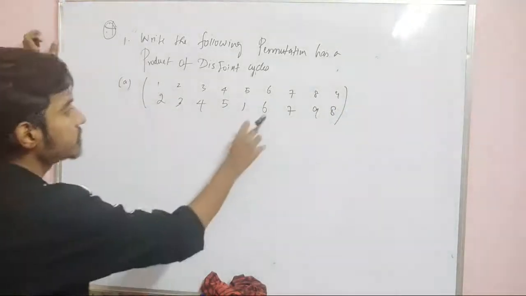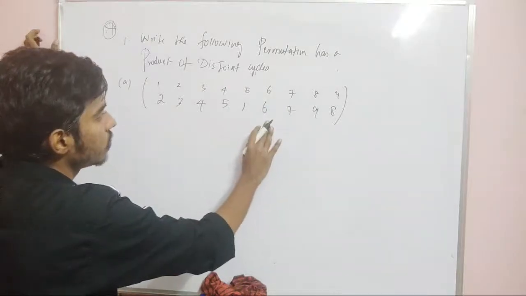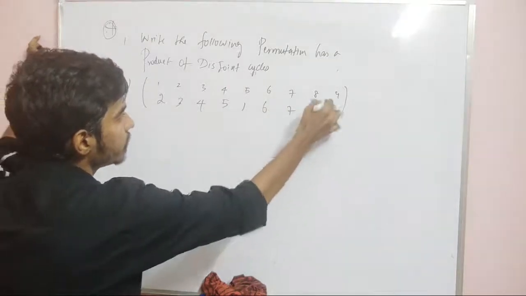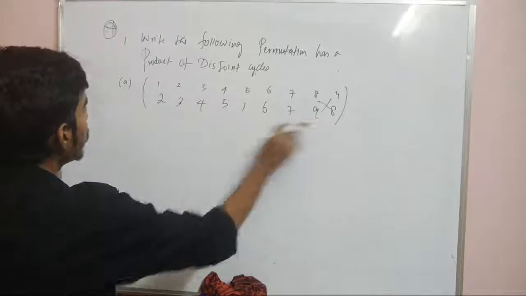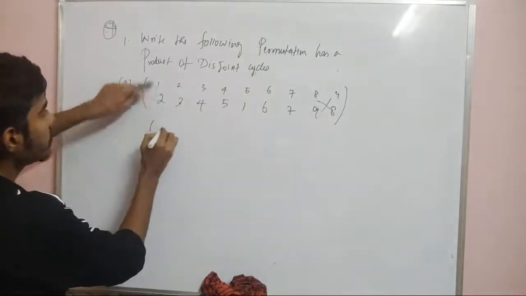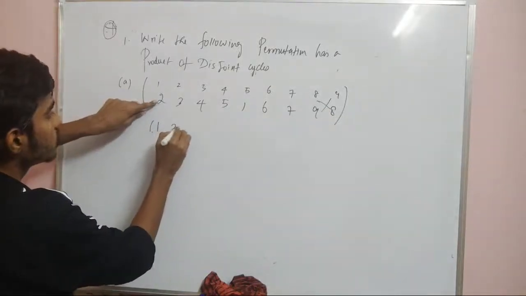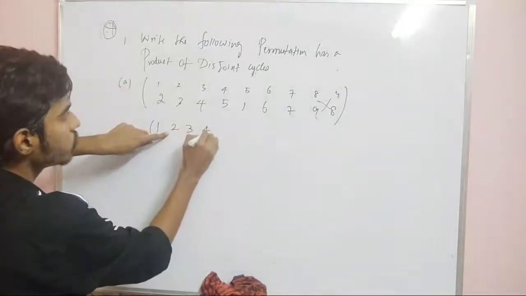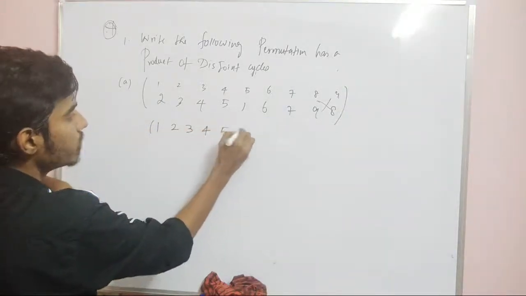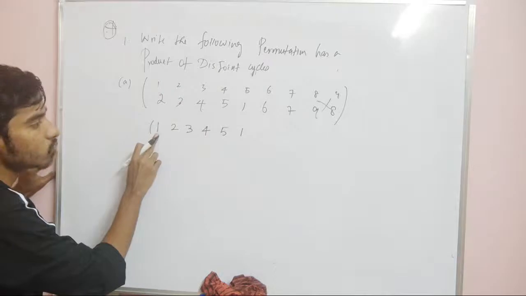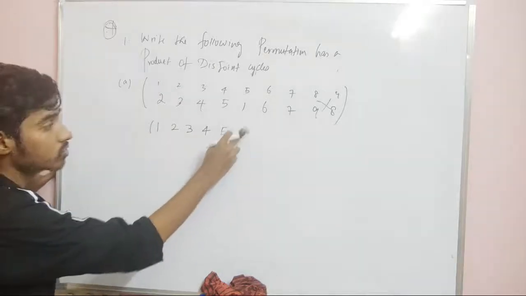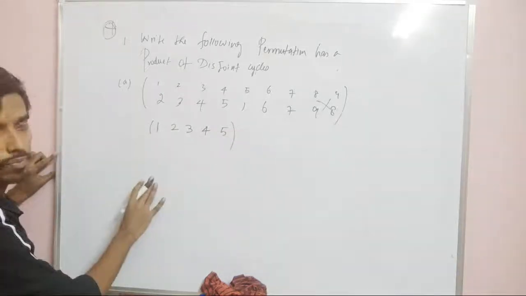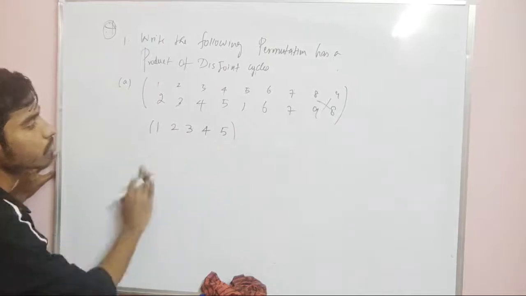You can see 6 is fixed, 7 is fixed, and 8 and 9 are interchanged. 1 goes to 2, 2 goes to 3, 3 goes to 4, 4 goes to 5, 5 goes to 1. So we are starting with 1 and ending with 1, so you just close the cycle.